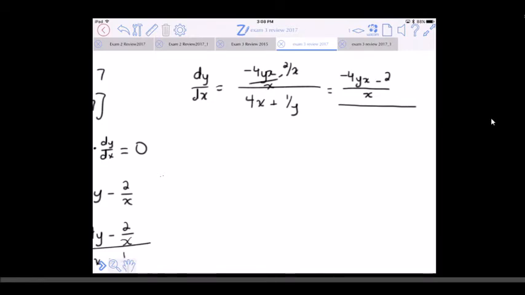Now I need to do the same thing to the denominator. In order to add these two, I need to multiply by y over y, so that denominator becomes 4xy plus 1, all over y.